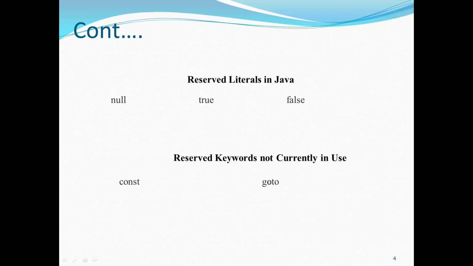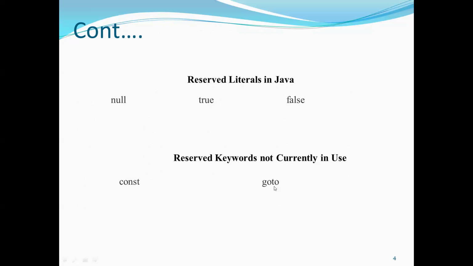And goto is used for jumping statements. If you have learned C and C++, when the goto statement was discussed, maybe your trainer or teacher said not to use goto because it is an unconditional jumping statement, so it is bad and not recommended in programming.